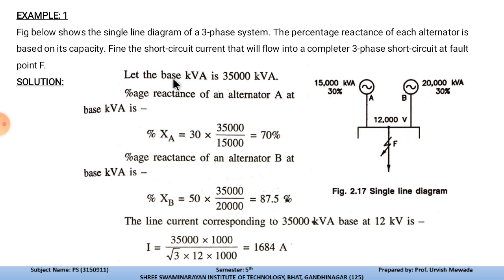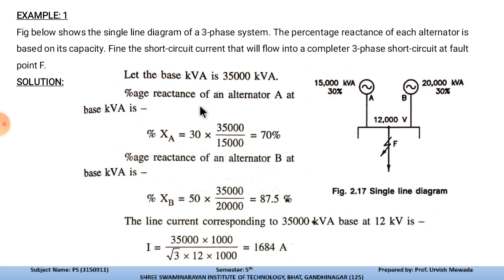Now the base kVA that we have is 35,000 kVA. We determine this base kVA by adding the two kVAs of both generators, so 15,000 plus 20,000 means the base kVA of this system is 35,000 kVA. Now let us determine the percentage reactance of the system.